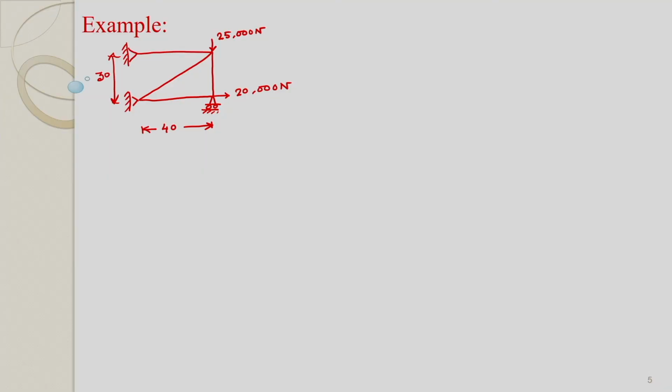Now, we will understand this truss problem with one example. Now, this is a problem of 4-member truss element. Let us assign some element number 1, 2, 3 and 4.